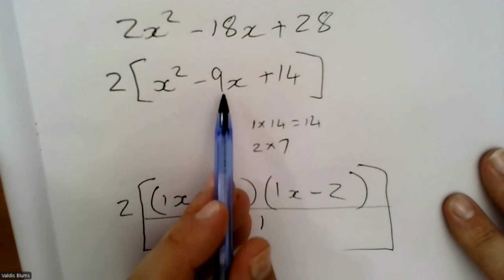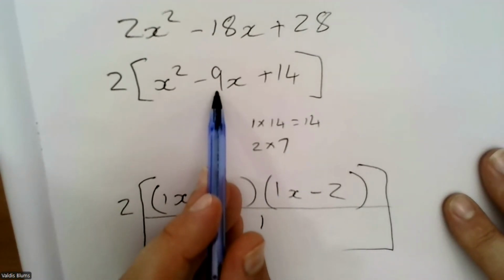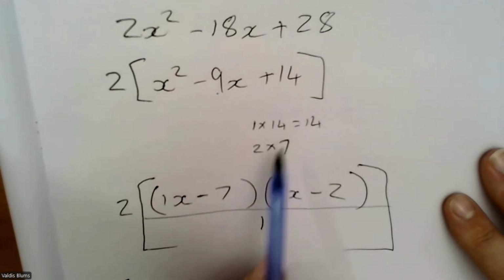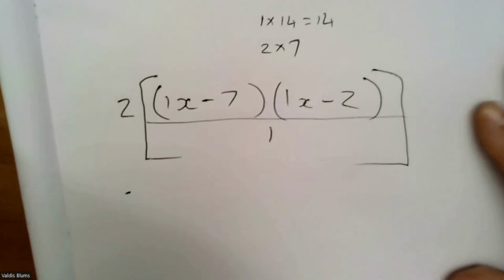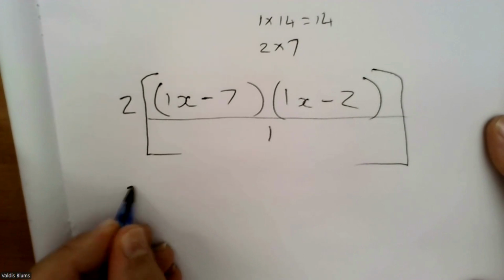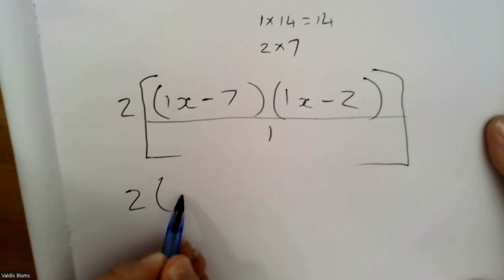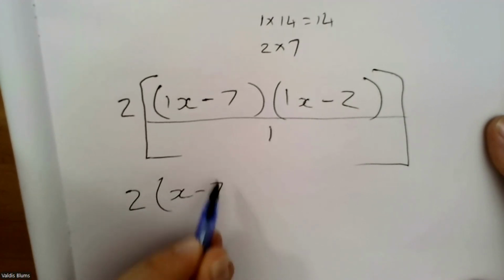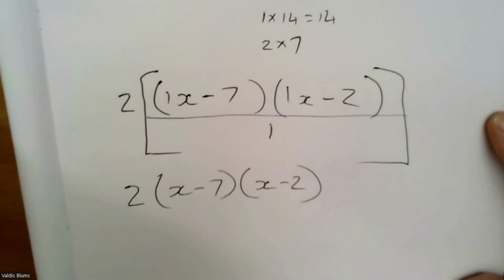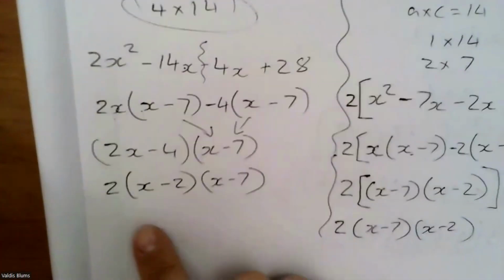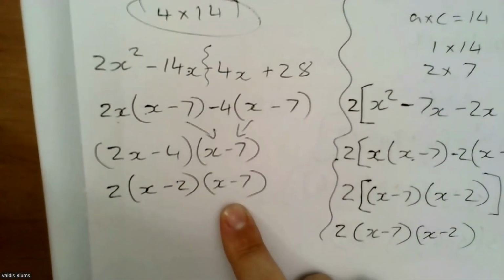So the factors -7 and -2, again, add to -9. And so we're just plugging that -7 and -2 into these top brackets. And so simplifying this, you have 2x minus 7, x minus 2. And that's the factorized form, which you can see is the same as what we got last time.